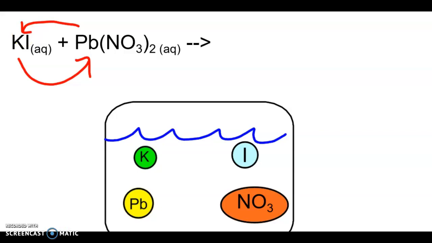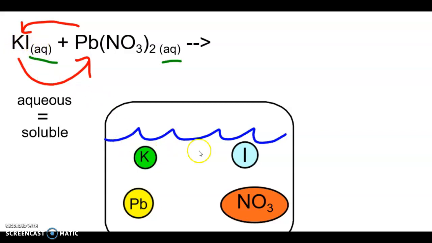If you look next to potassium iodide and lead nitrate, you see a parentheses (aq). All that means is that these compounds are aqueous. And if something is aqueous, that just means it's able to dissolve in water, which just means it's soluble. So when you have an aqueous solution of potassium iodide, the potassium and the iodine aren't actually bonded together.